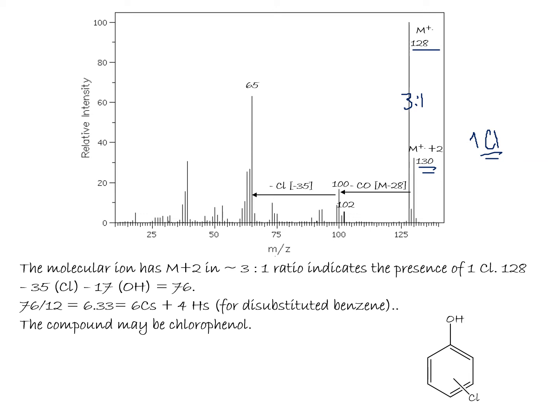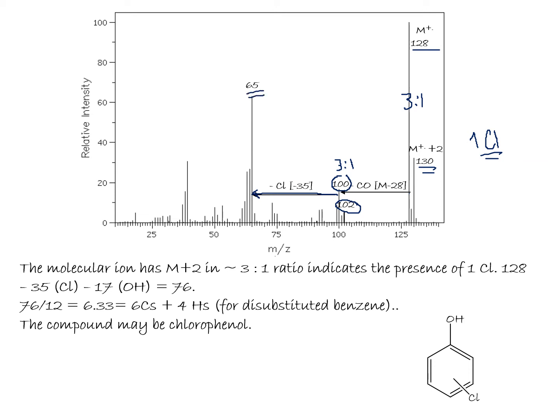If you eliminate 28 from the molecular ion, it gives you 100 and 102, again in 3-to-1 ratio, which means that, of course, it's CO. So you did not eliminate the chlorine. The chlorine is present in this fragment, that's why it's causing M plus 2, 3-to-1.